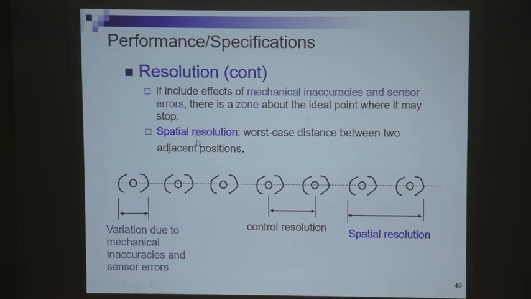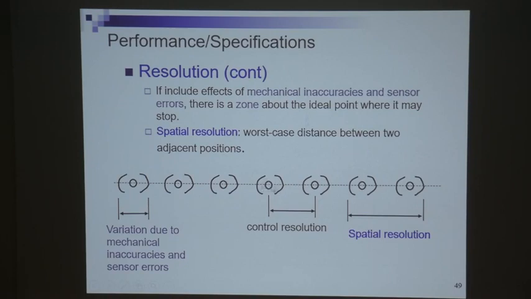So you have something called a spatial resolution. The spatial resolution will be the worst case distance between two adjacent positions. You have to consider the variation due to the mechanical inaccuracy over here, and this defines the zone. This is your control resolution, and the point may not fall exactly on the point, but instead it will be off here.